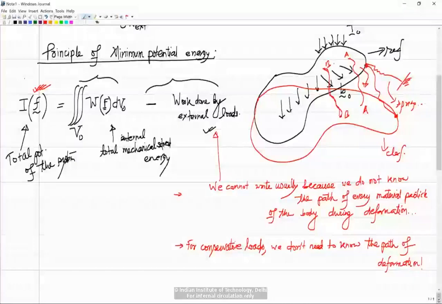So this does not know what is the actual path taken. That is not present here. Okay, so we are doing it for statics, and this f maps from undeformed to deformed.